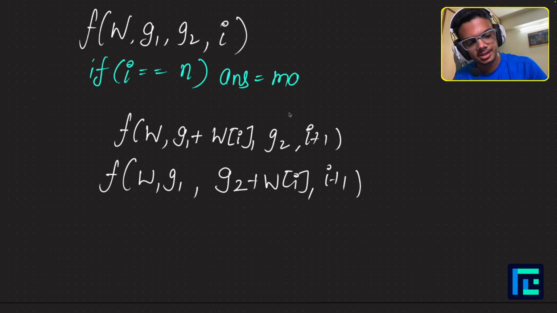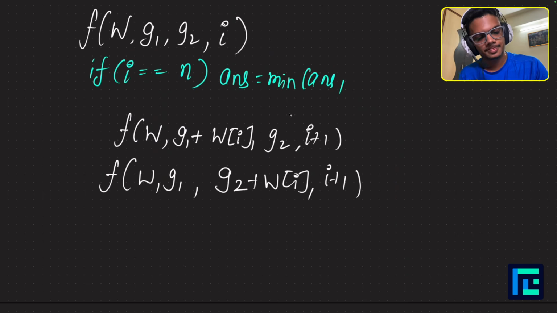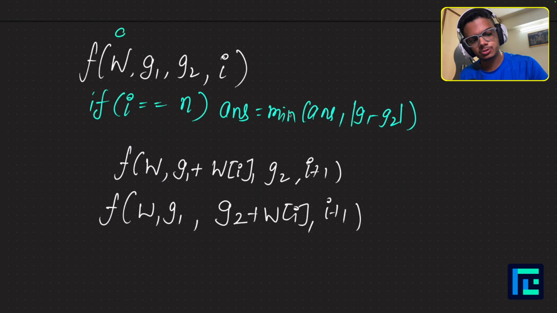We update our answer with the min, because we want the minimum possible difference: min of answer and absolute difference of G1 minus G2, right? And we can initialize the answer to a very big value initially.